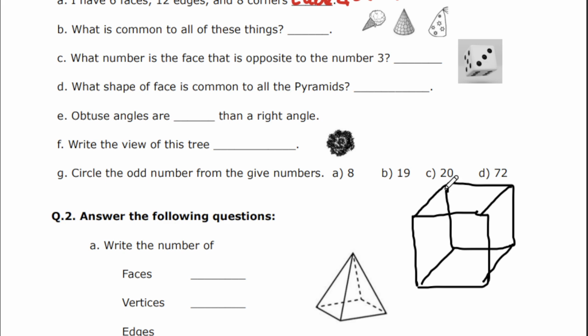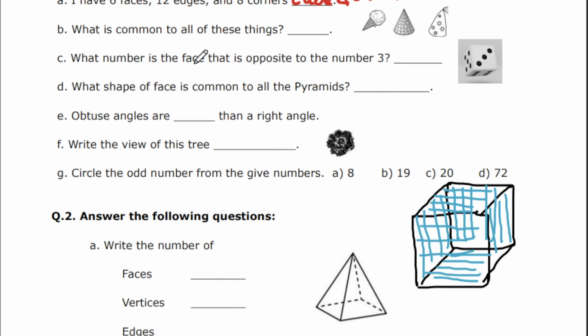Here we have the first face. This is the first face, second face, bottom, and the third face, back side, and fourth face, side, fifth face, and the front face is the sixth face.